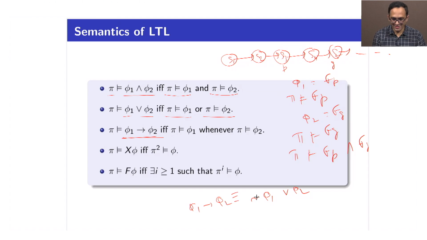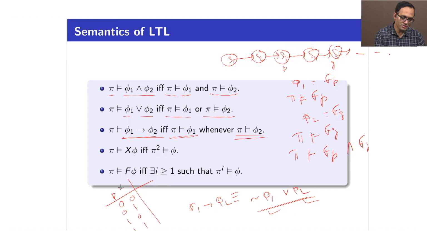So, to make this formula true, whenever phi 1 holds, phi 2 has to hold, right. If you draw the truth table with 0 0, 0 1, 1 0 and 1 1, this is very obvious. If this is p and this is q, or say phi 1 and phi 2, then it gives phi 1 implies phi 2.